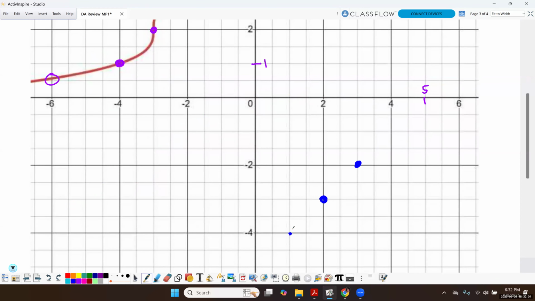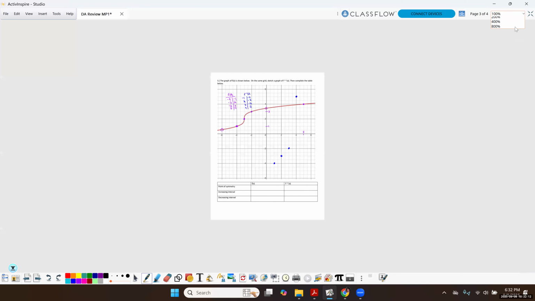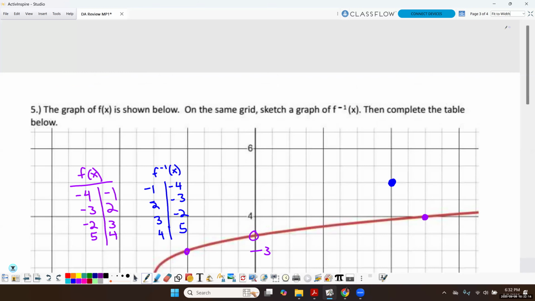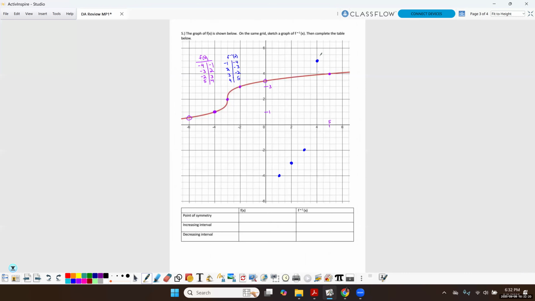I'm going to zoom out so I can see this whole graph. Oh, that's a little too small. Let's try a different one. That's better. Okay. So I'm just going to keep the screen like this for a second, because I have this point up here that's going to help me make my sketch. I know that it's going to come down like this.